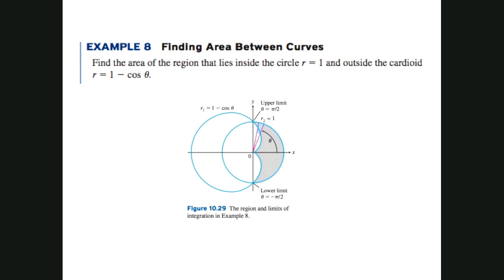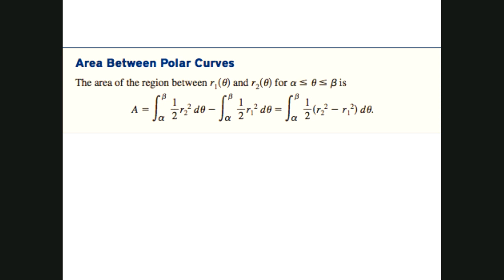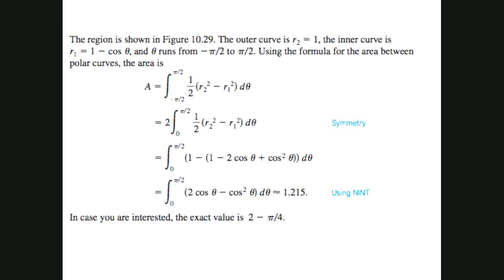I would say that you were right on. So we're going to go the integral from negative pi over 2 to pi over 2, 1/2, and then 1 minus. Now they squared it out. I'm not sure why they do that.